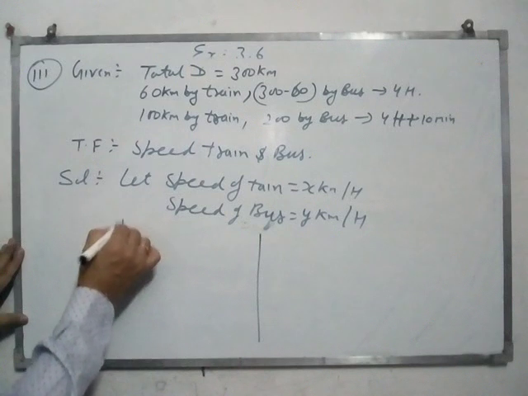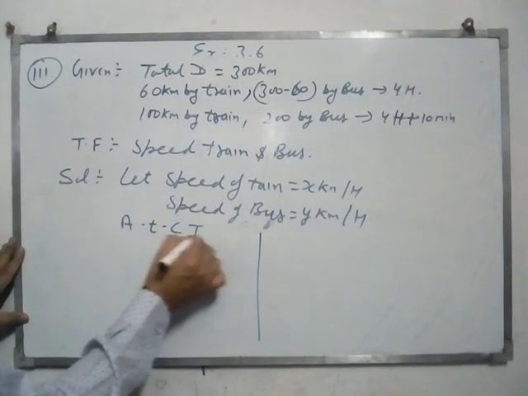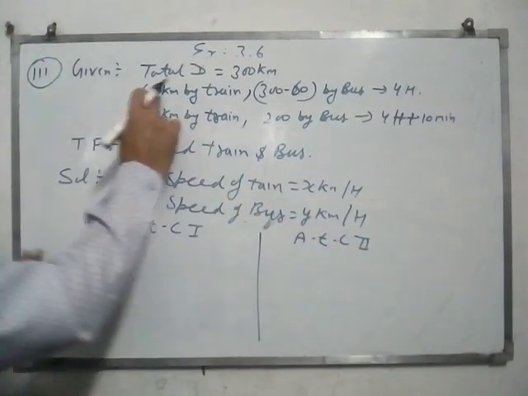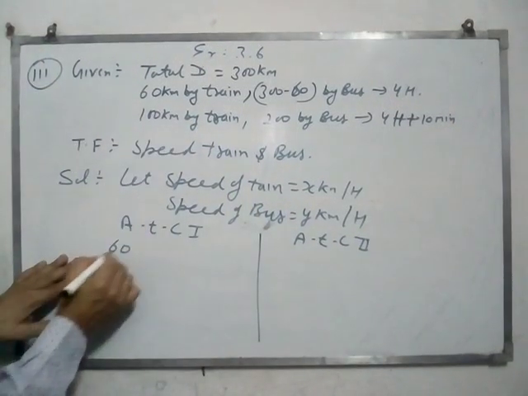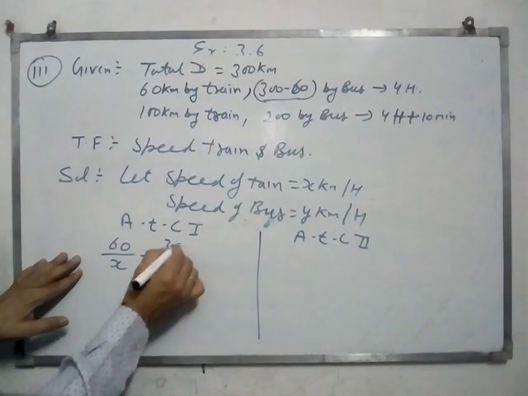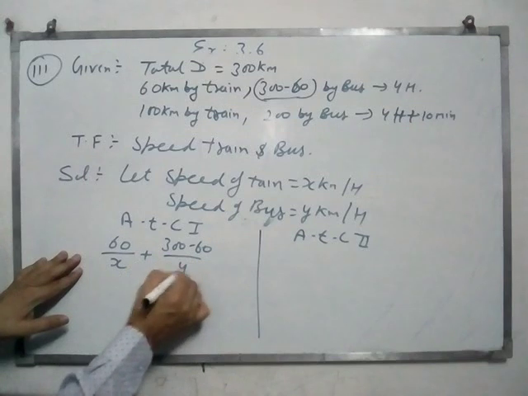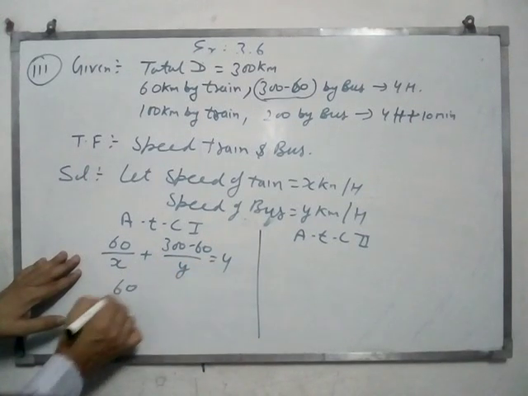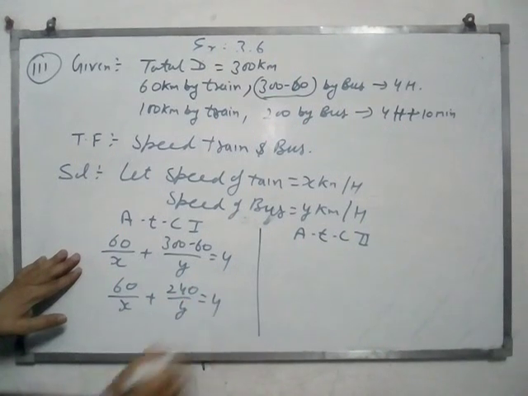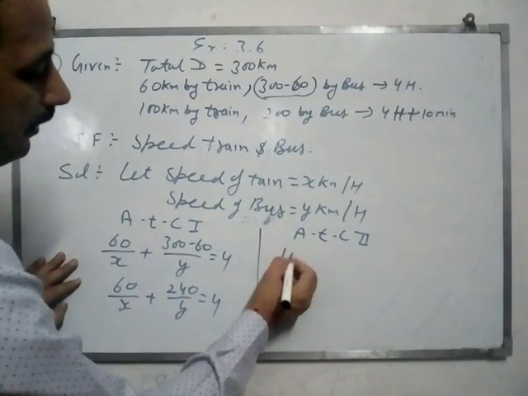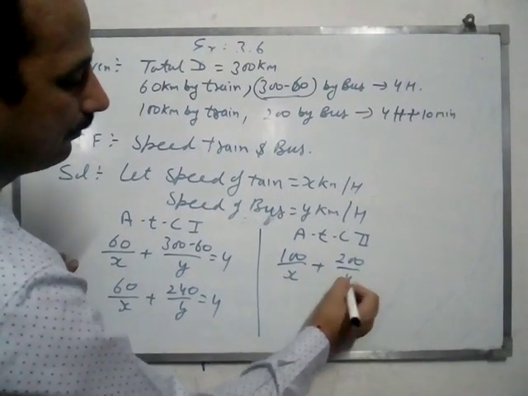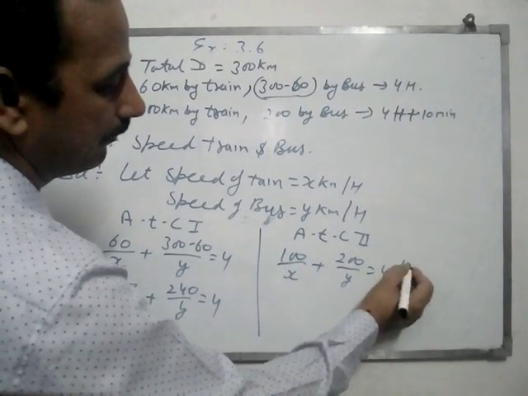So according to the first condition, 60 km by train, so 60 upon x plus the rest, 300 minus 60, upon y, that is 4. So 60 upon x plus 240 upon y equal to 4. Similarly, 100 km by train and 200 km by bus takes 10 minutes extra.